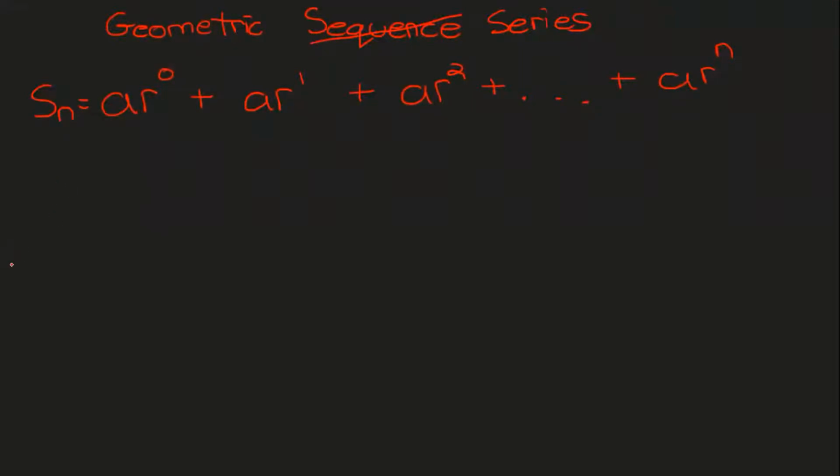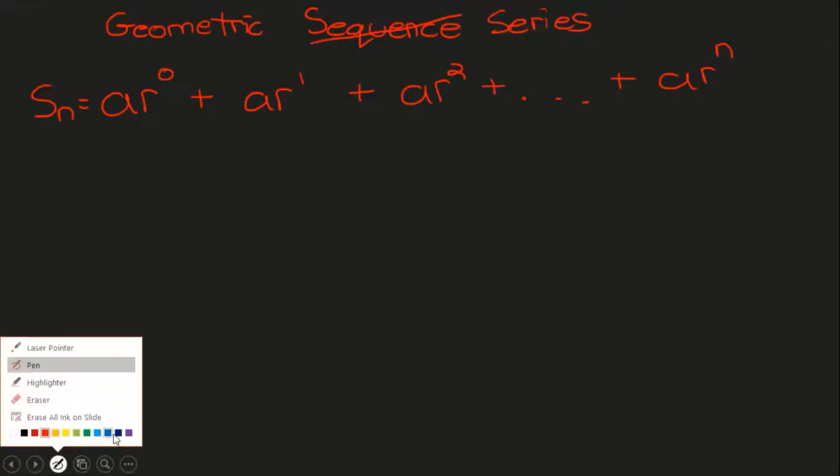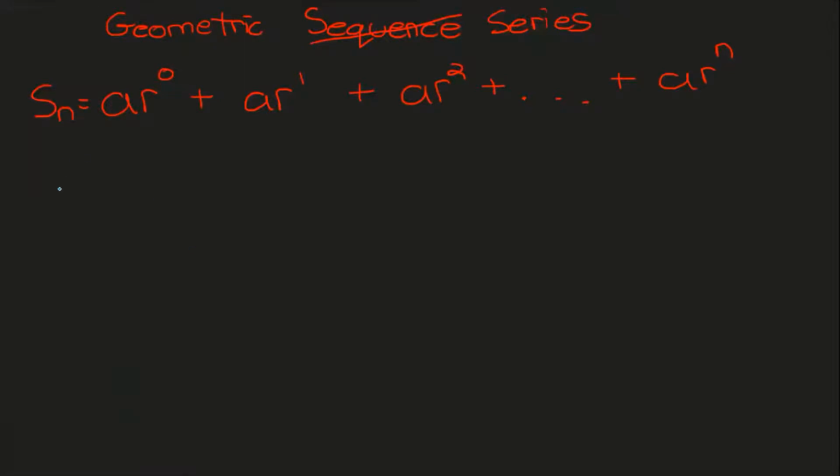So what I want to do now is I want to multiply both sides by r. I want to multiply both sides by our ratio. So on the left, I'll simply have r S sub n. And now going forward, if I'm multiplying each term by r, what's going to happen? Well, our exponents are going to increase by 1 for each term.